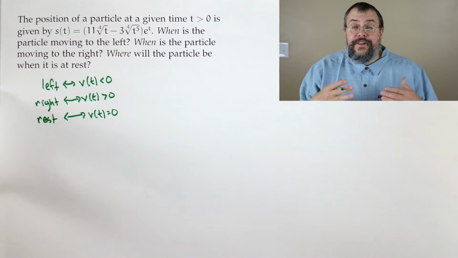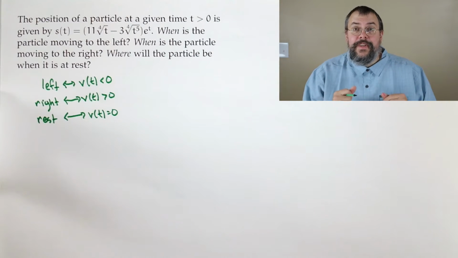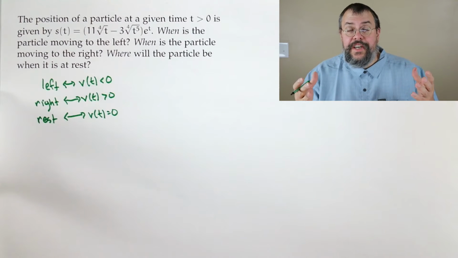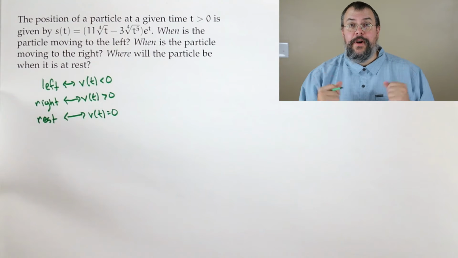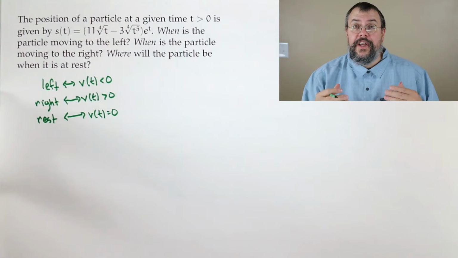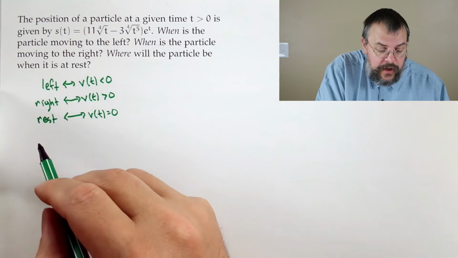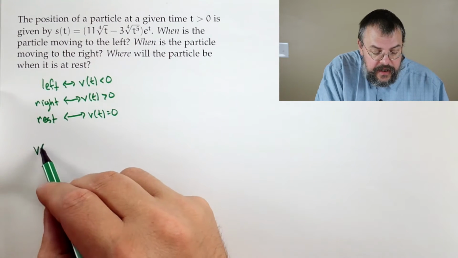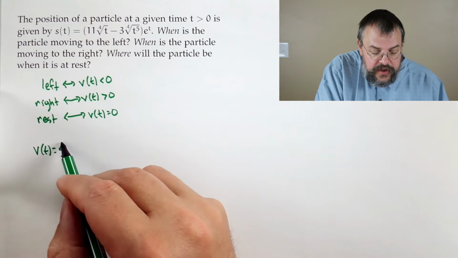So this is after understanding the velocity function. So we have position. If I want to start from position and I want to get to velocity, I'm going to take the derivative. So the velocity function is the derivative of position.